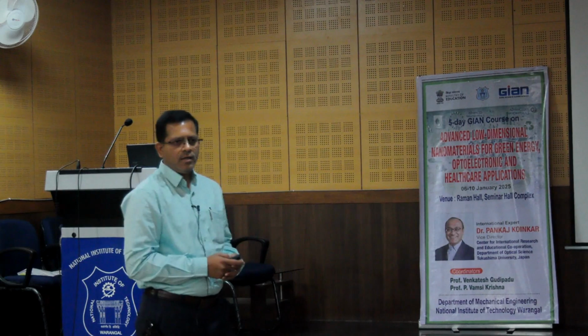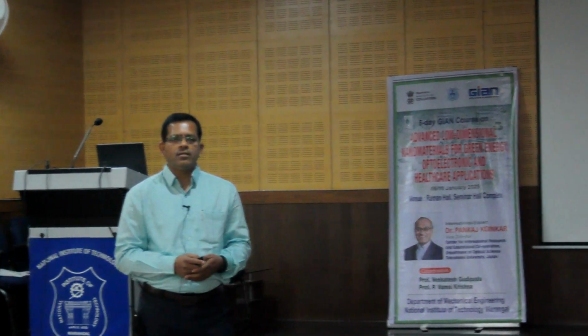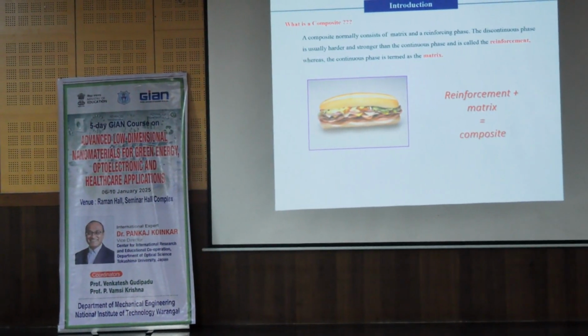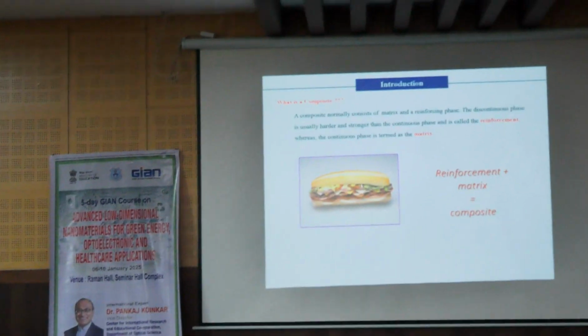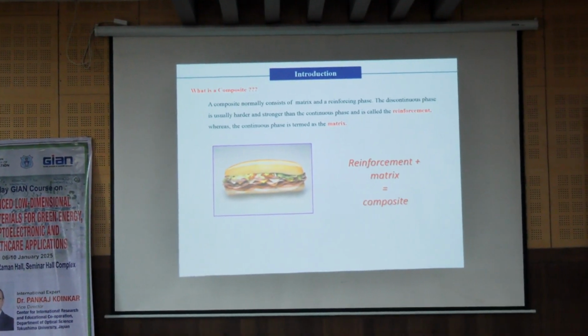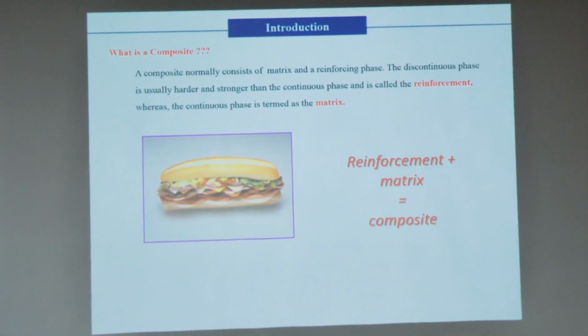We know already that a composite is nothing but a combination of different materials, right? Suppose you take steel or aluminum, we can say it is a metal, because the material is the same, but a composite is nothing but different materials.